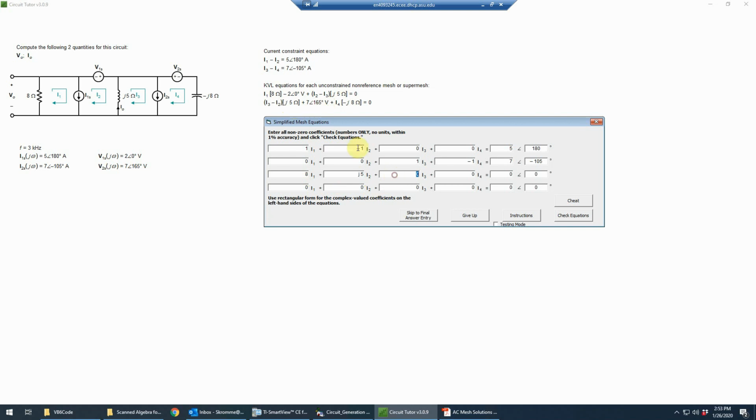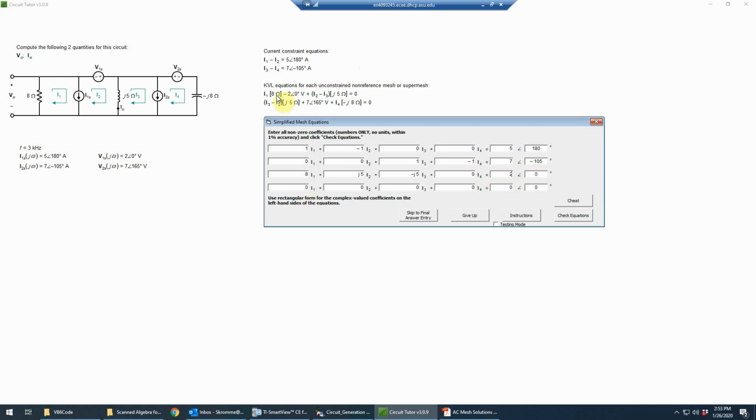And then I3 has a coefficient of negative J5, as we see here. So we just type that. And then there is no I4 term. And the constant term here, if we add the 2 angle 0 to both sides, then that'll put it over here with a positive coefficient. So we have 2 angle 0 degrees.